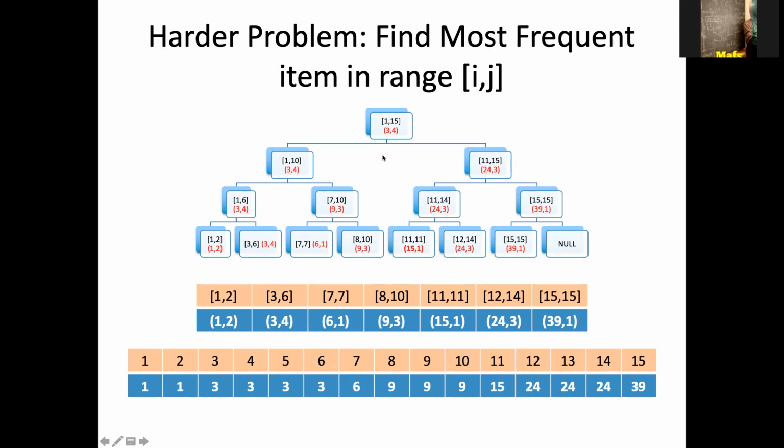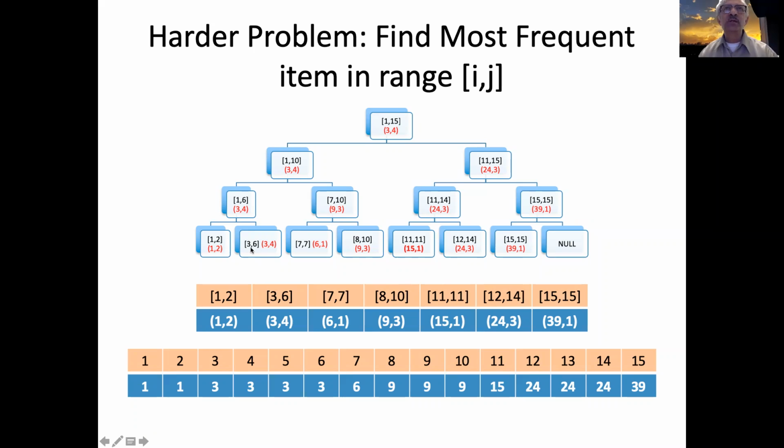Okay, we're going from 4 through 13, and we start at the root here, and we know that 4 through 13 would require a search on both sides, and we would break it down into 4 through 10 and 11 through 13. 4 through 10 would also figure out that it's partly here and partly here. We would break it down into 4 through 6 and 7 through 10. And this side, we will break this down into 11 to 13. Then we would go down. Ultimately, we would have an answer from here because we would go down from 4 to 6.